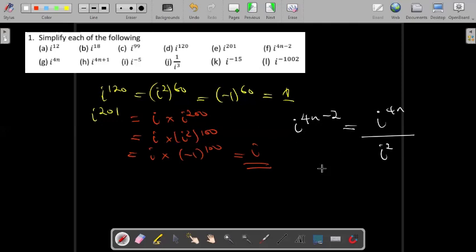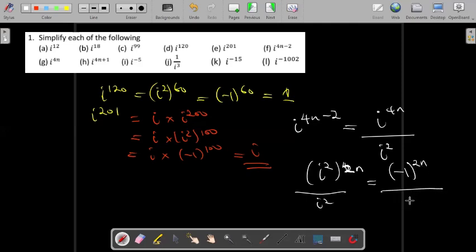So notice that on top, you can factor out i squared, then you have 2n there, because when you multiply this, you get 4n. Then down there, you just have your i squared. And of course, i squared, you can replace there. So when you replace there, you get negative 1 to the power 2n like that.